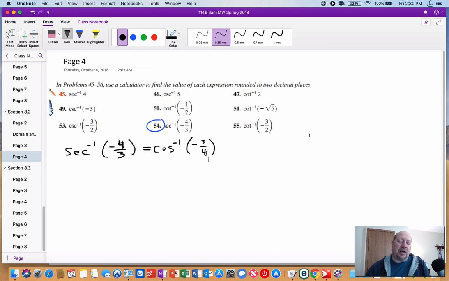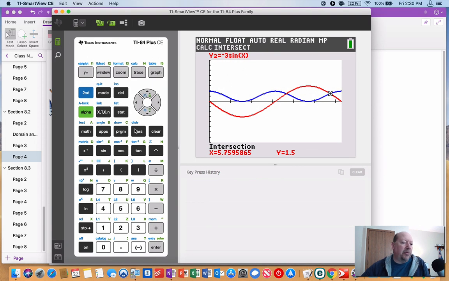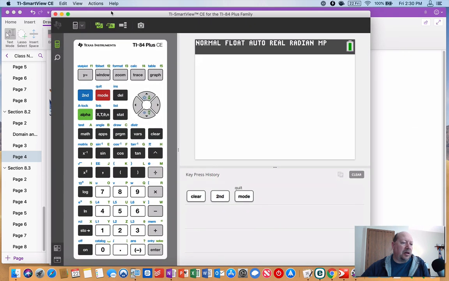So now then we can go ahead in our calculator. I'm going to put mine in degrees. Let's see what we're in. Looks like I'm in radians here now. So I guess I'll stick with radians right now, and then I'll also do it in degrees. So we had the inverse cosine of -3/4. So second inverse cosine, -3 divided by 4.